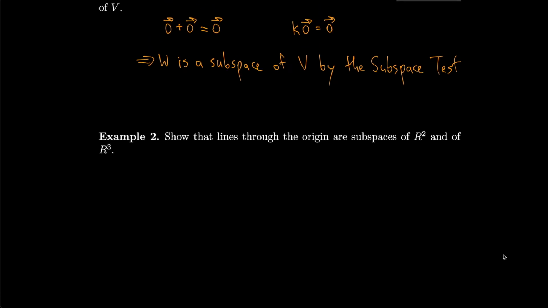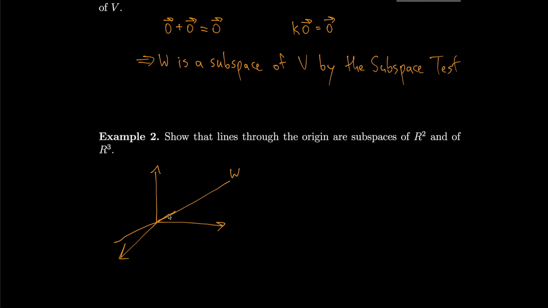Okay, for our next example, how about we show that the lines through the origin are subspaces of R2 and of R3. I'm just going to do it for R3, then it should be obvious that the same argument will work for R2. Do a proof by picture, if you will. So here's R3, and then here's a line W, subset of R3.